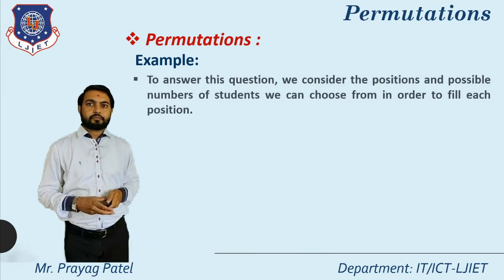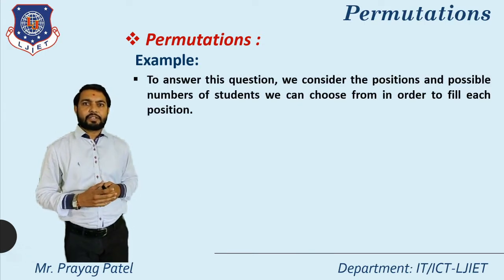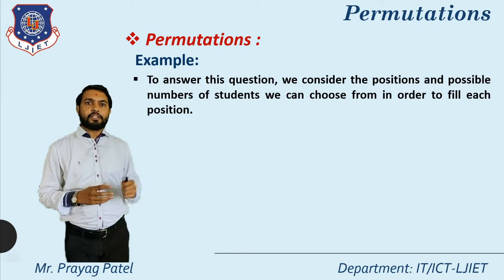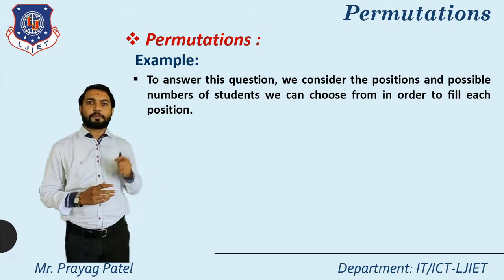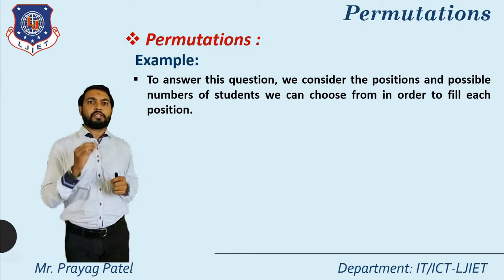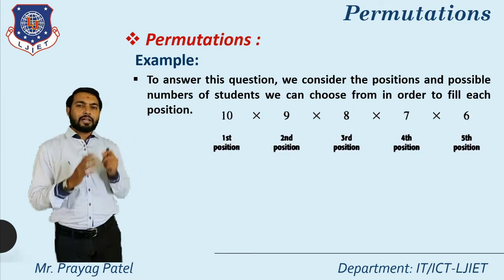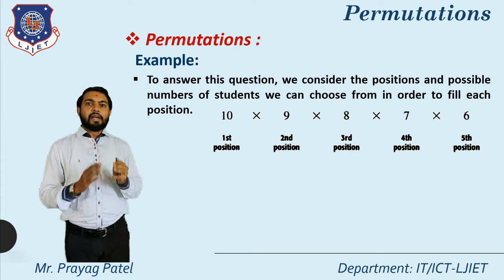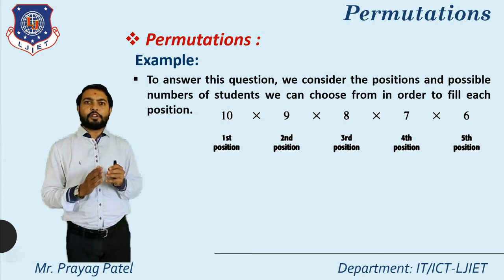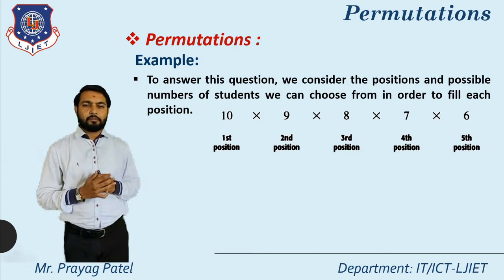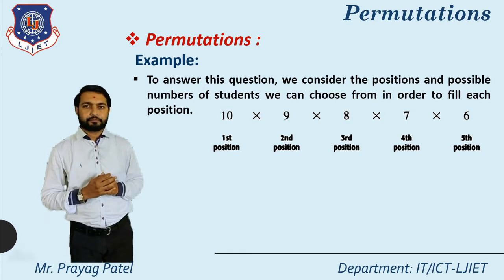Now to answer this question, we consider the positions and the possible number of students we can choose for each particular position. Here a total of 10 students are available, and we have 5 positions. For the first position, how many students are possible?